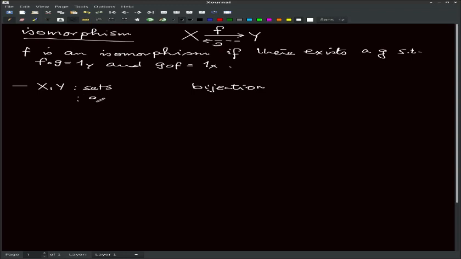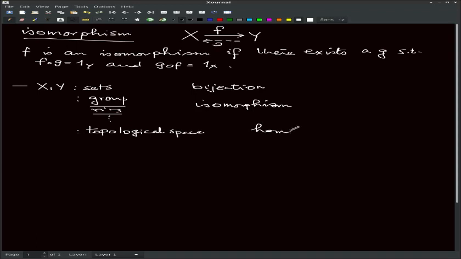When X, Y is a group or ring or such algebraic structures, we call them isomorphism. When it is a topological space, we call it a homeomorphism. But with the homeomorphism, we require something more. Remember, when we have topological space, our morphisms are automatically continuous.